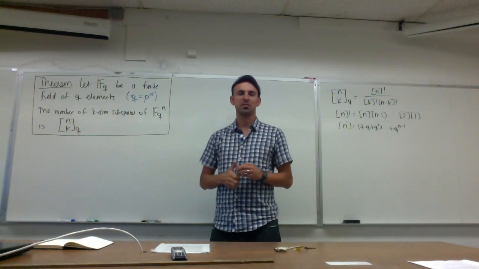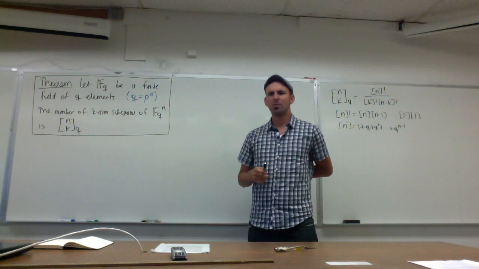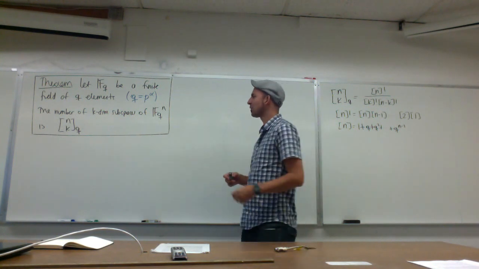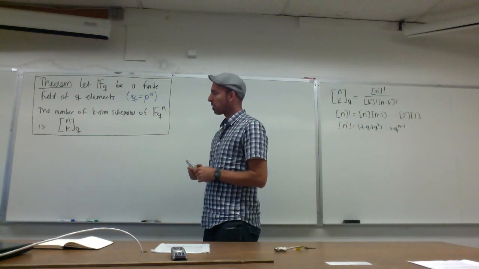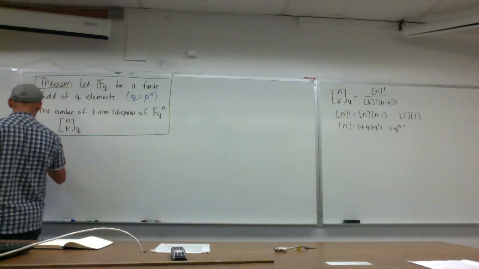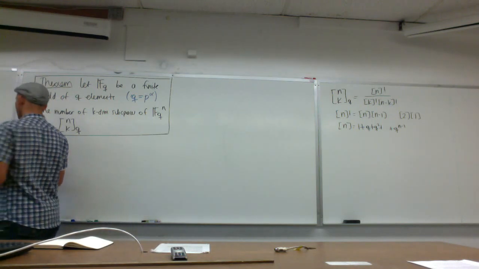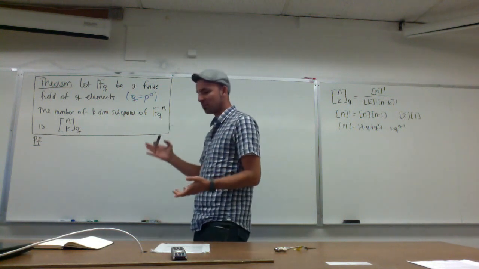If that interests you, it's an interesting paper to look at, and I'll dig up the reference. I didn't look it up before coming here. But given that this is an analogous statement to the one about subsets, we're going to give a similar proof to the one that we gave for the subsets being n choose k.